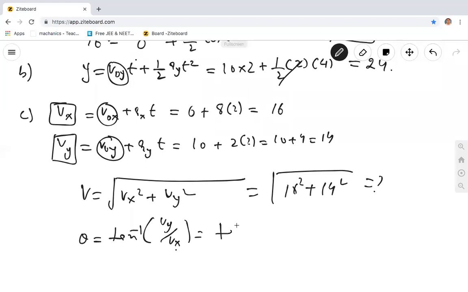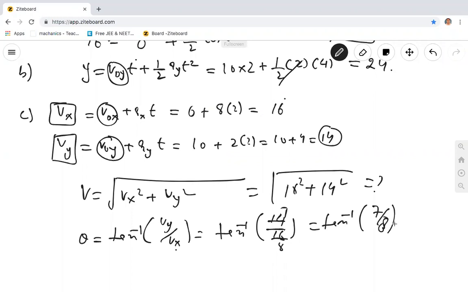Tan inverse 14 by 16, that's tan inverse 7 by 8. Copy this problem. It's a good problem. Please copy it and try to understand it in the right way.